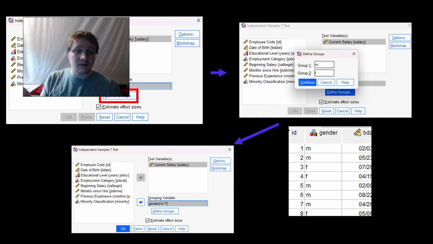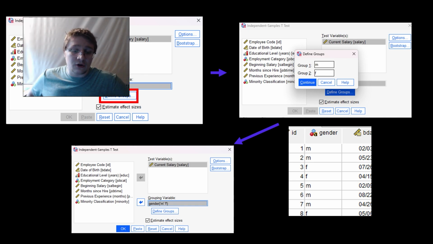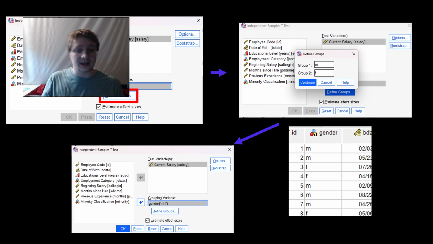Here we have M, F, male, female, right? So we're just telling it in group 1 to group it by M and F. Then we click continue, and now it knows what's going on. The dialog will go away, and we'll click the OK button.